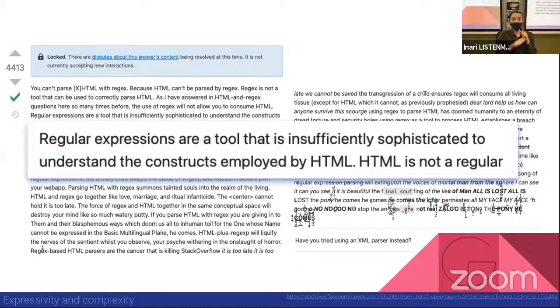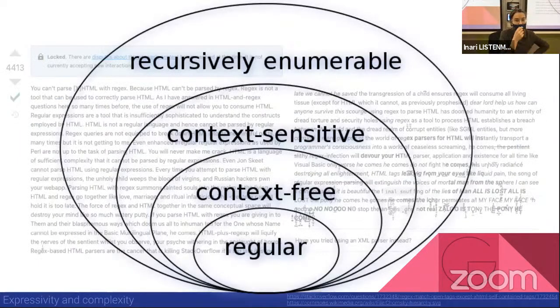But there is a hint at an actually helpful answer. Before all the Cthulhu stuff, it says that regular expressions are insufficiently sophisticated to understand the constructs employed by HTML, because HTML is not a regular language. And what does that mean? This is called the Chomsky Hierarchy.